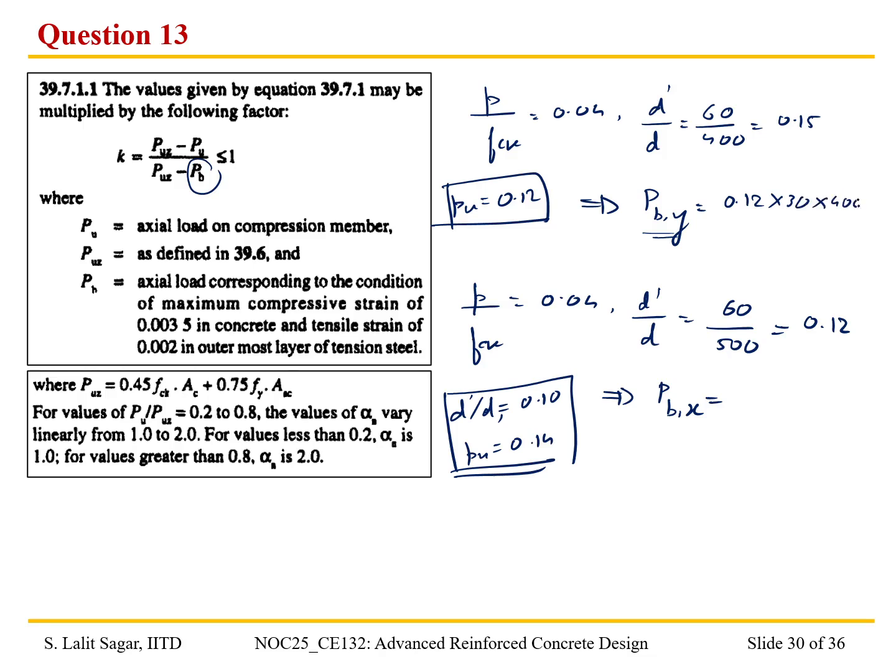That is 400 by 500, which gives us a value of how much? 720 kilonewton. So corresponding to a balance section, this is the axial load, balanced moment about y. This is the corresponding axial load. Now, the balanced moment about x, the corresponding axial load, that is 0.132 multiplied by 30 divided by 400 by 500. Okay, this gives us a value of 792 kilonewton.